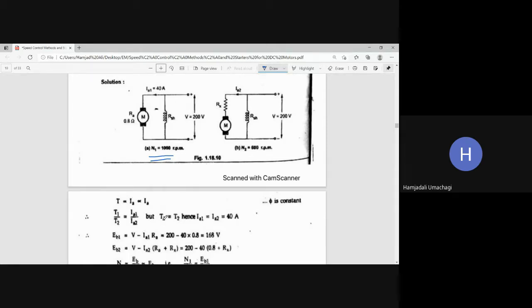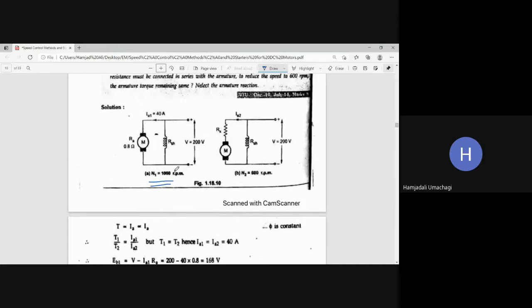If T1 becomes equal to T2, then IA1 becomes equal to IA2. So what is IA1 value? 40 amps. Then IA2 is also 40 amperes.